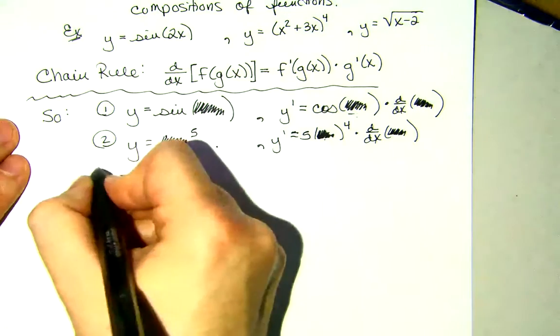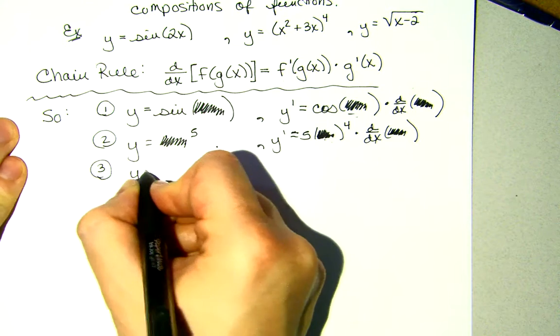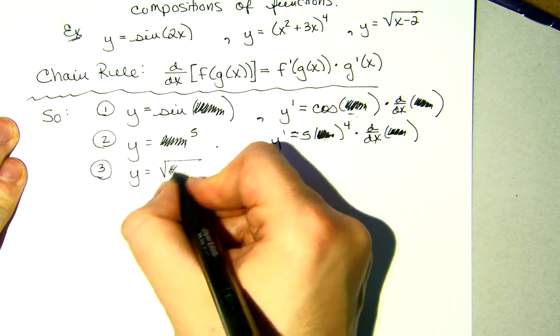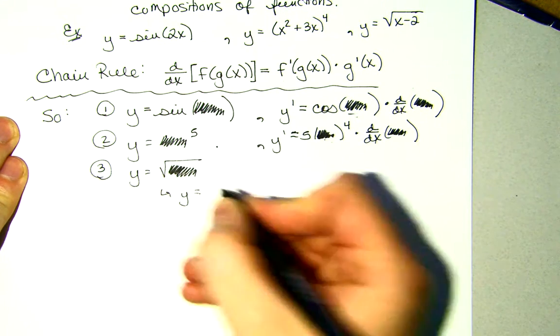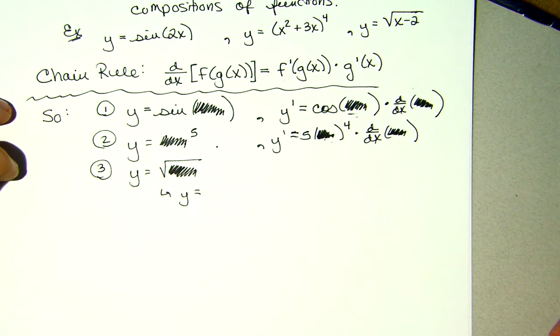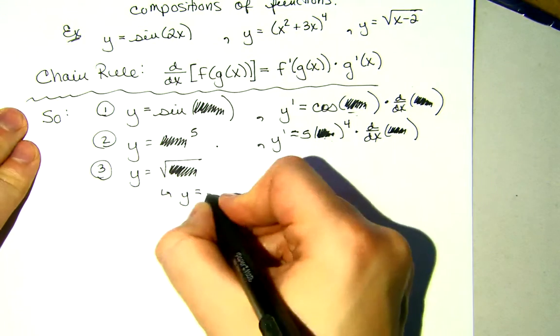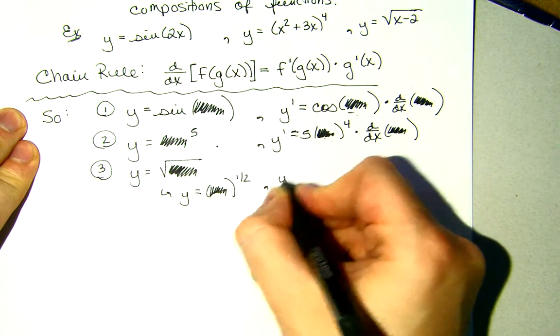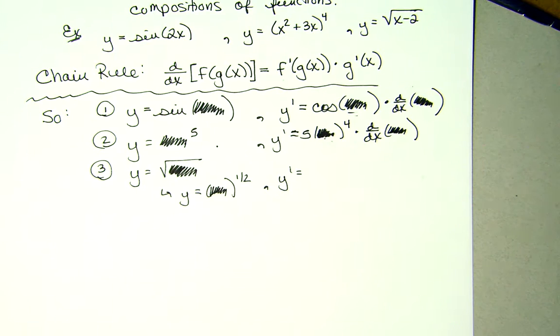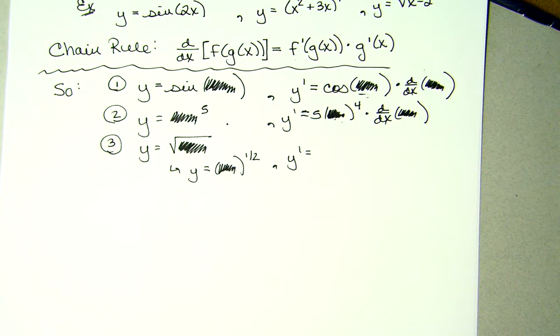If I had y equals the square root of x, which is, of course, the same as saying y equals, well, what? The thing to the 1/2. You know what? See if you can go make a formula for this thing. We're taking the derivative of the outside thing.